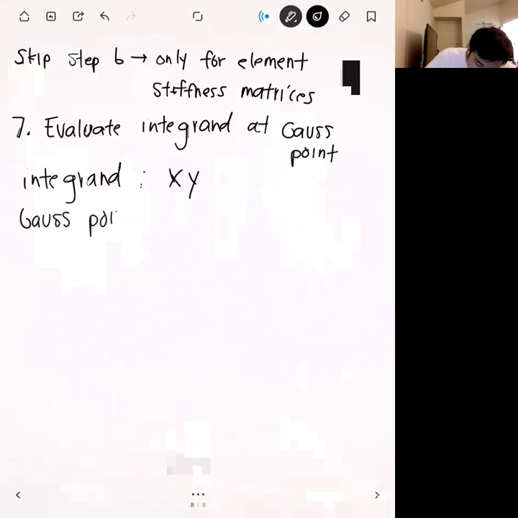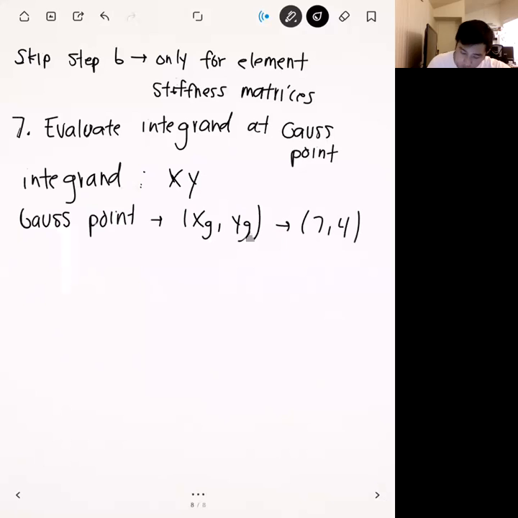Our Gauss point is xg, yg, which in this case is 7, 4. We plug these in and simply get 7 times 4, which is 28. Now that we evaluated the integrand, we're ready to transform the integral.